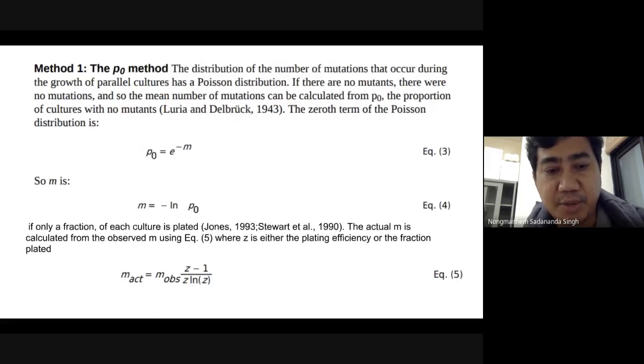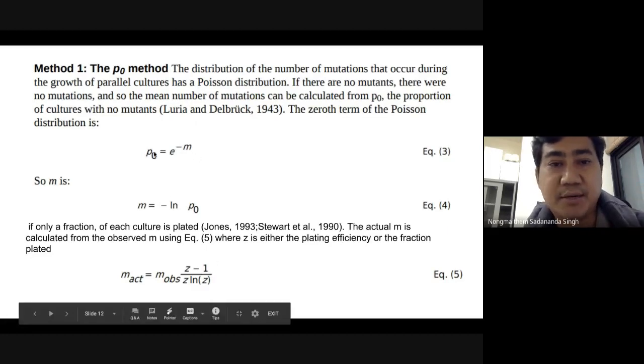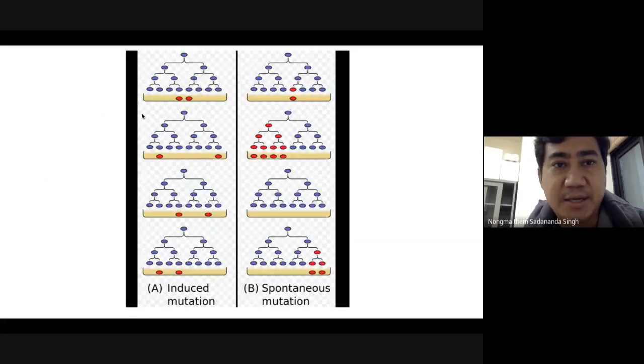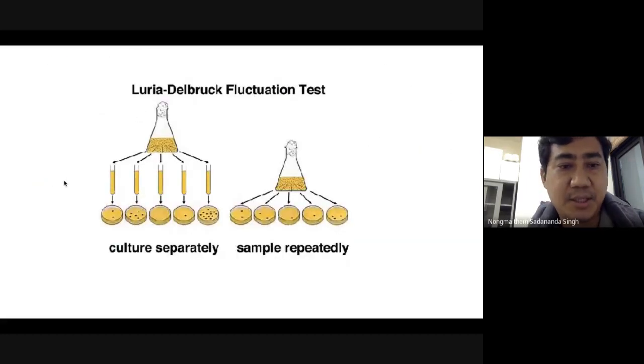This is one of the most popular methods to calculate mutation number. P naught is equal to e to the power minus m, where P naught is the proportion of cultures with no mutations. So we were talking about this kind of experiment here.